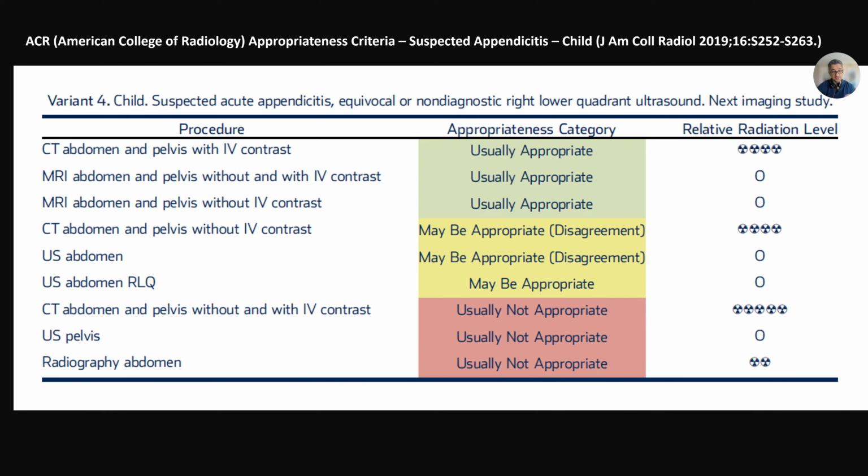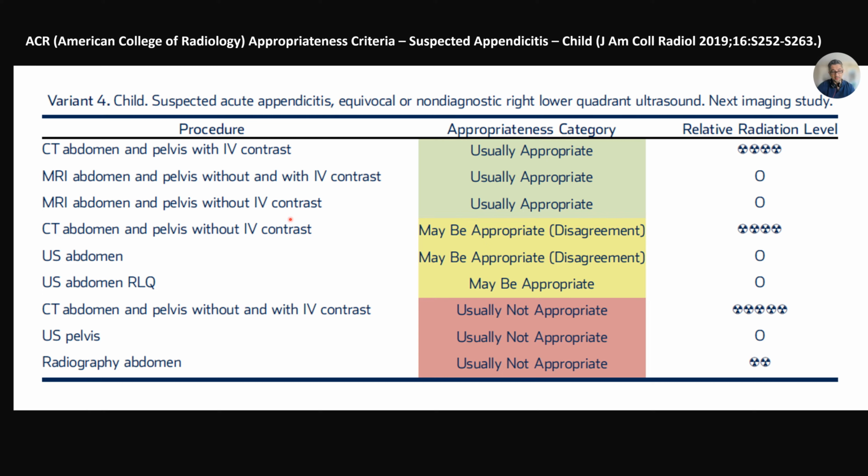The fourth variant is a child with suspected acute appendicitis, equivocal or non-diagnostic first ultrasound, right lower quadrant ultrasound, and we are doing the next imaging study. This is not the first one. If the first one is not diagnostic, then we need to do a CT or MRI.